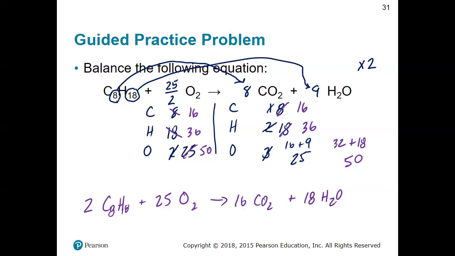So in these kinds of situations, that's exactly what we have to do. If I find myself needing a fraction or a decimal to get it to balance, I multiply by the denominator of that fraction, which again is usually 2, to get it all to even out and come out just right.